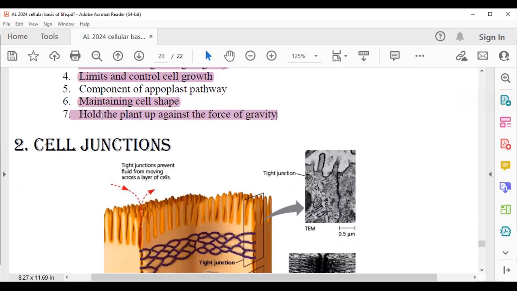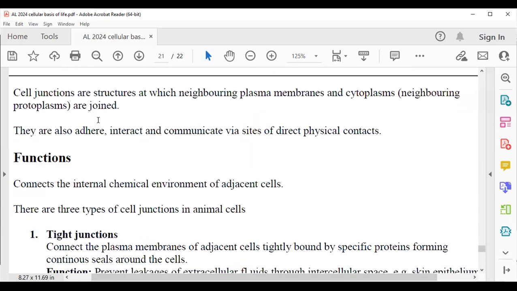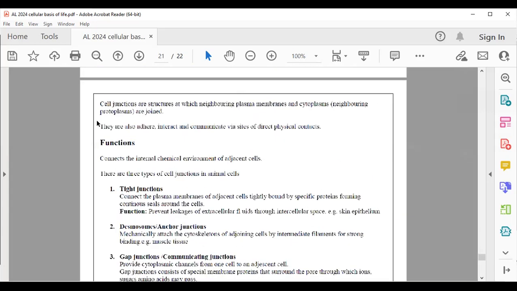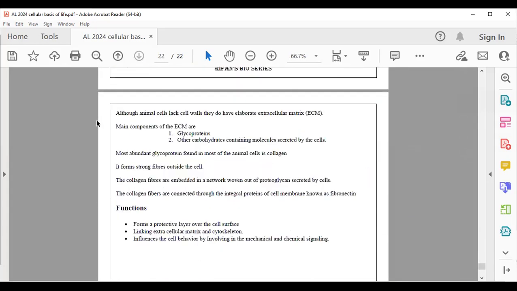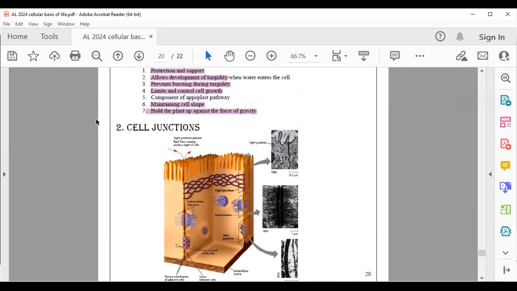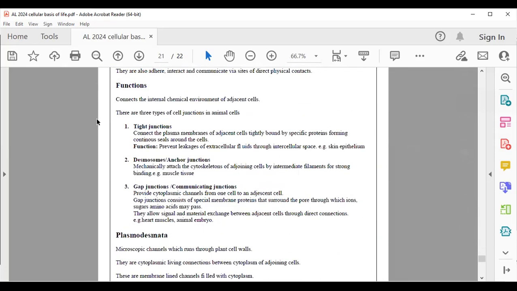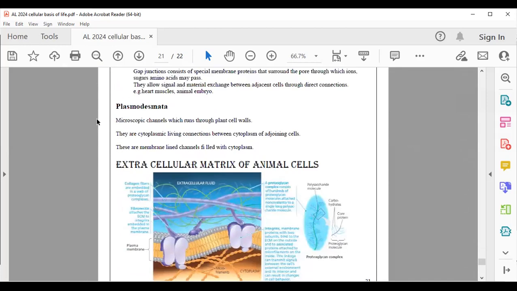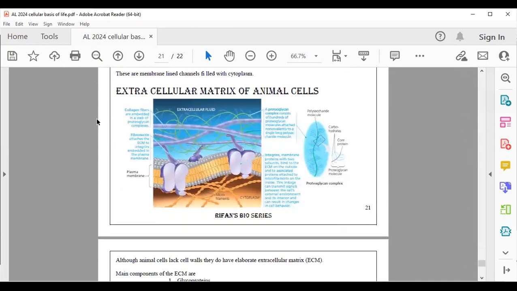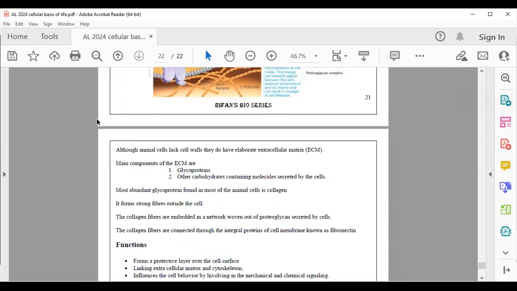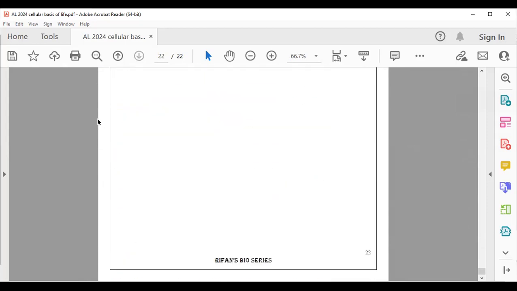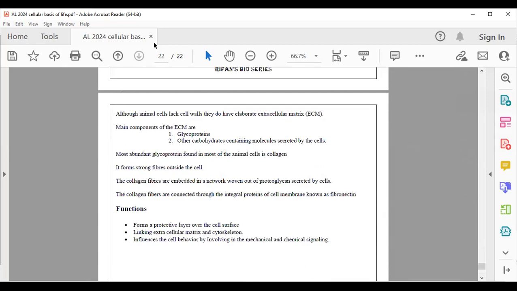So another small portion only, to complete the cell biology portion. We have to study the cell junctions, plasmodesmata, and extracellular matrix, ECM. With that one, this tute will be finished. Cell cycle tute I will send you.